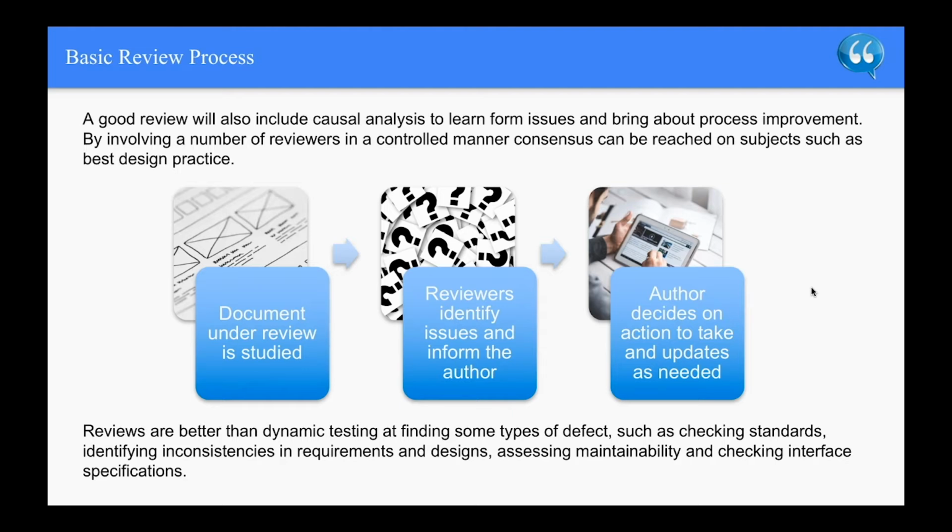Then reviewers identify issues and inform the author. And then the author decides on actions to take and updates as needed. Reviews are better than dynamic testing at finding some types of defects, such as checking standards, identifying inconsistencies in requirements and designs, assessing maintainability, and checking interface specifications.